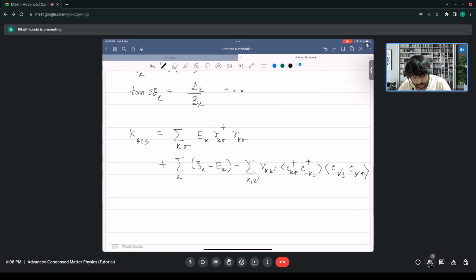So this is my whole Hamiltonian: I have this single particle part and also this constant part.